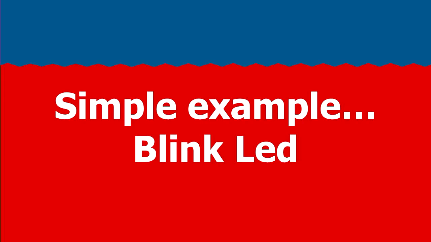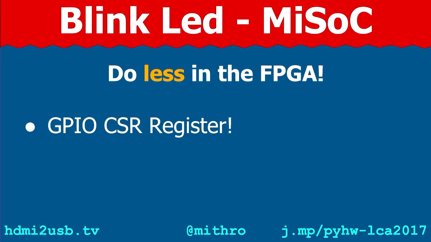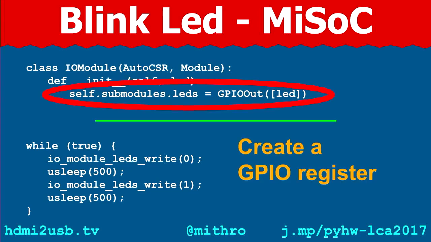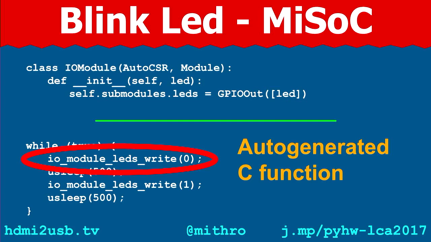And so if we look at our blinking LEDs example in this world, we just use a GPIO register. And this is super powerful because our module is now one line. It creates a GPIO register that's connected to LED. And we get this I/O modules, LEDs write function generated in a C header that we can just call.